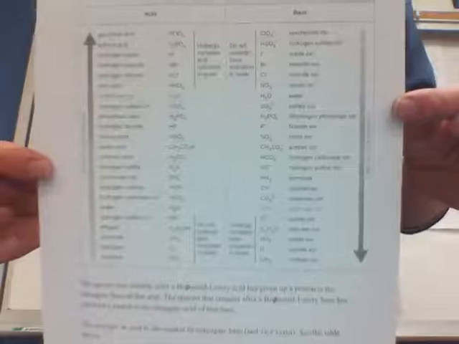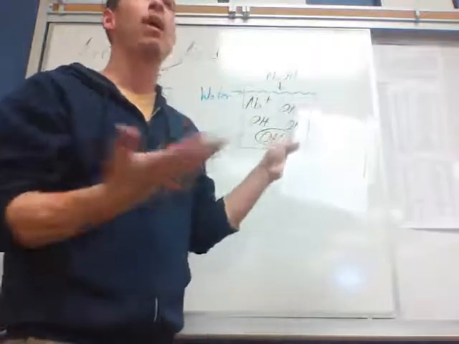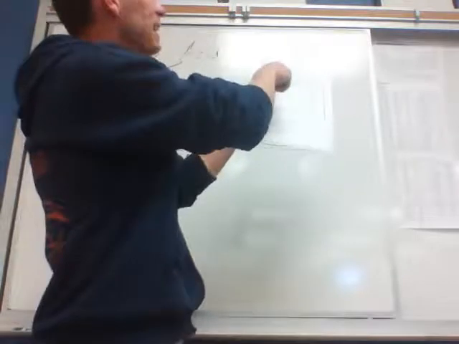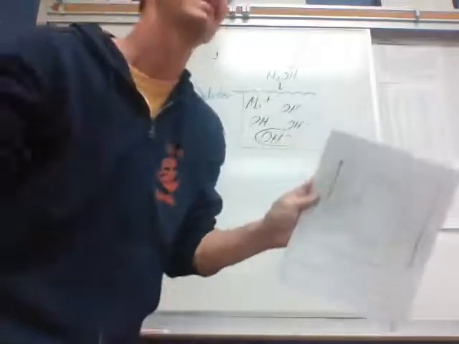Here's a handout that you need. You'll see that this paper helps you in a couple ways. First off, it lists a bunch of acids and bases, so that can be helpful anyway. All right, but it lists the acids from strongest to weakest and the bases from weakest to strongest. There's a good reason it's like that.